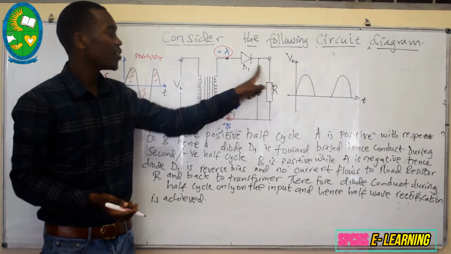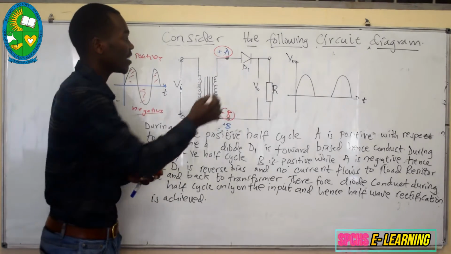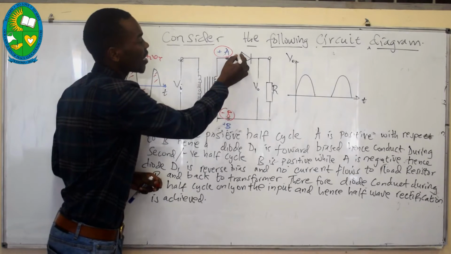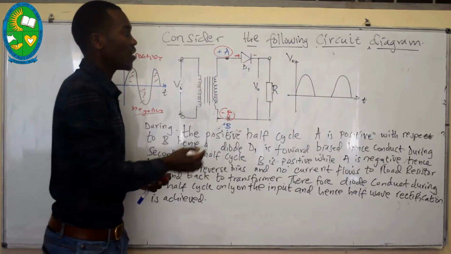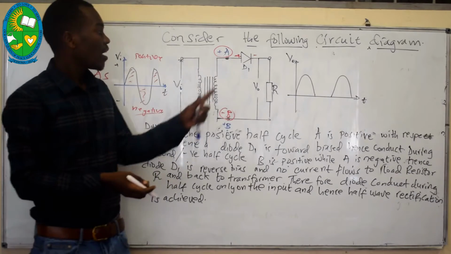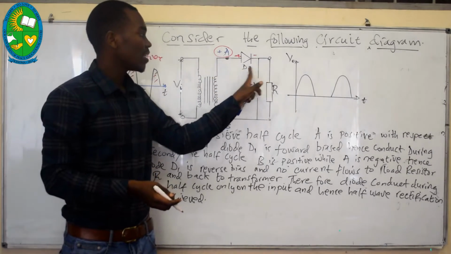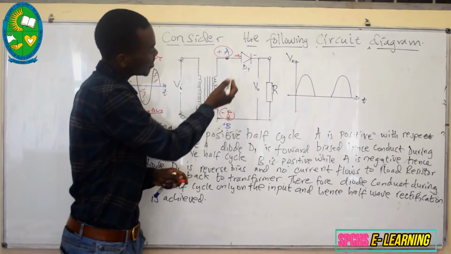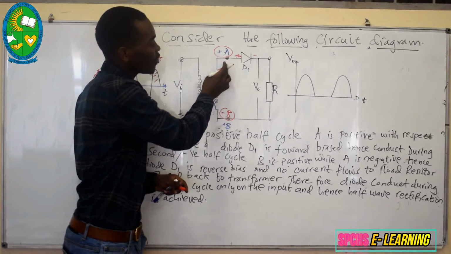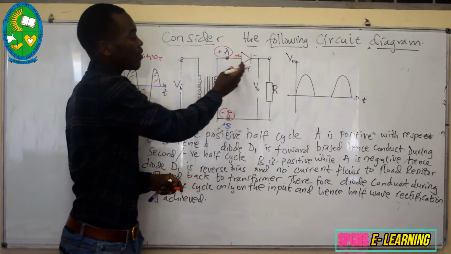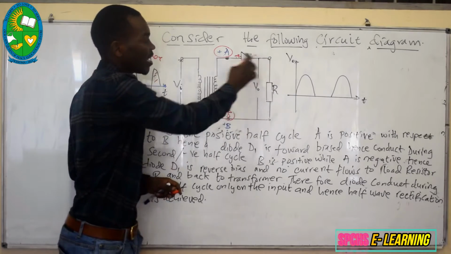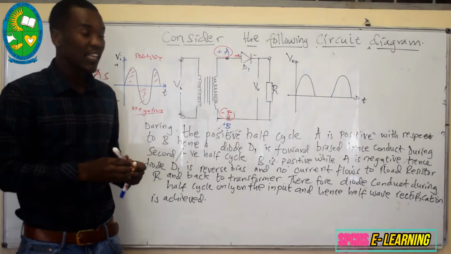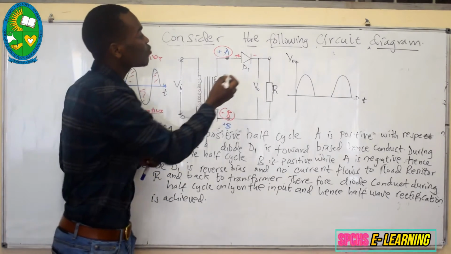Here there is a single diode connected in this circuit. Diode D1 is forward biased, since the positive terminal of the diode is connected to the positive side and the negative terminal is connected to the negative side. This makes current flow.